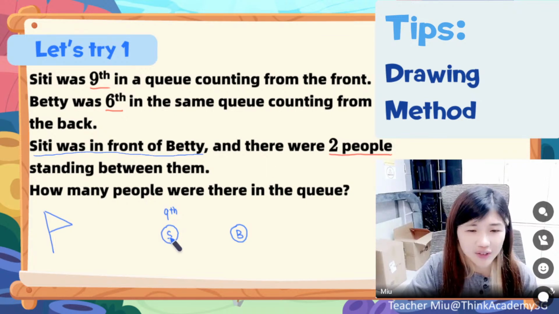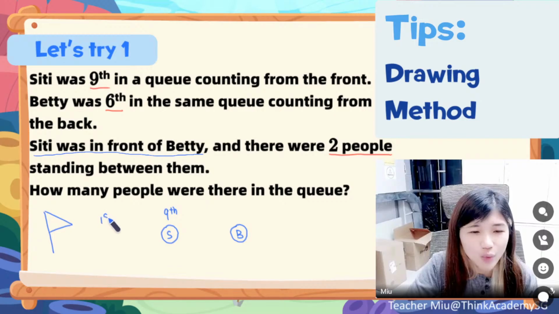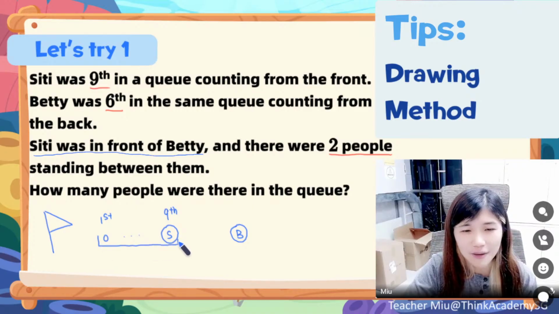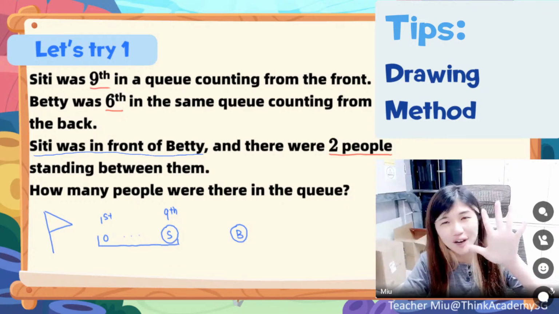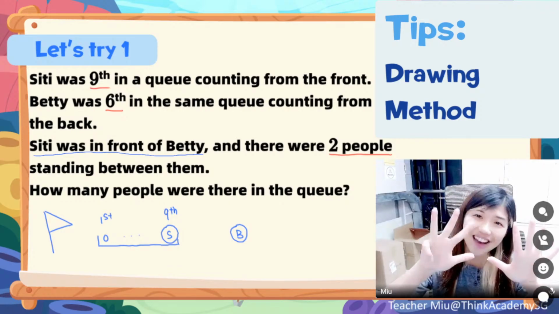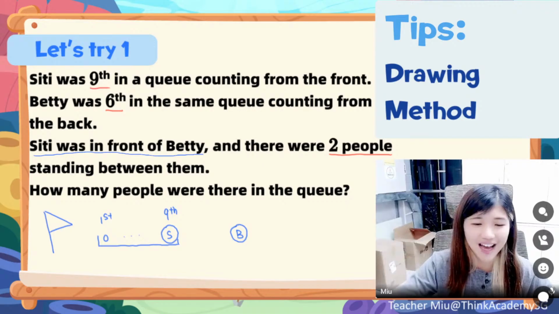So if this is City from the front, that's the 9th, all right? So the first one from the front is supposed to be here, all the way to City, sitting on the bench. How many people were there? Yeah, the first one, second one, third one, fourth one, fifth one, and then sixth one, seventh, eighth, and ninth. All together, there must be 9, right? Well done, dear. So this part must be 9.